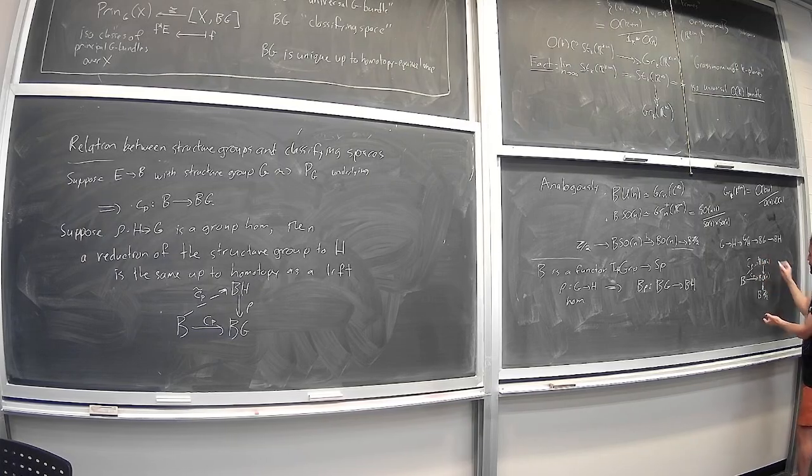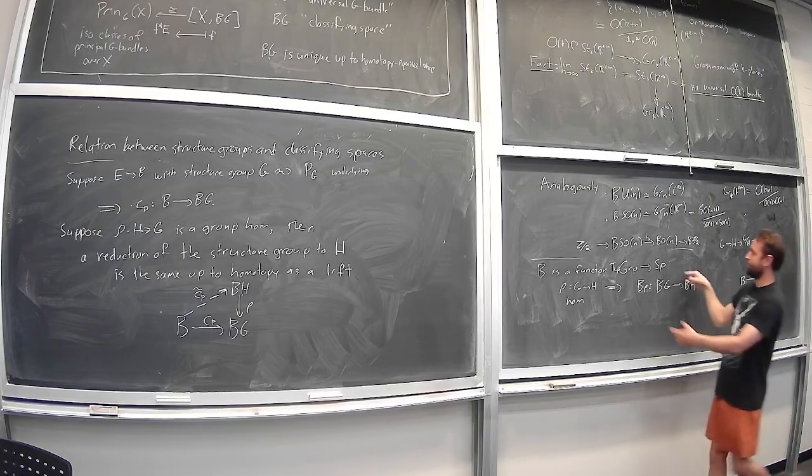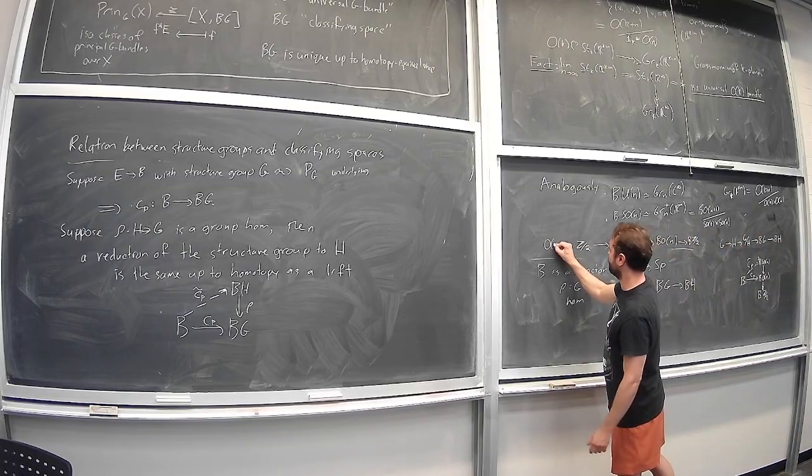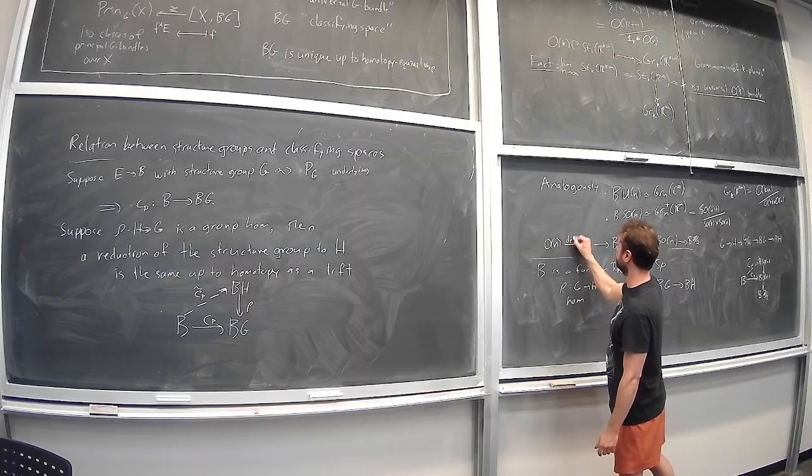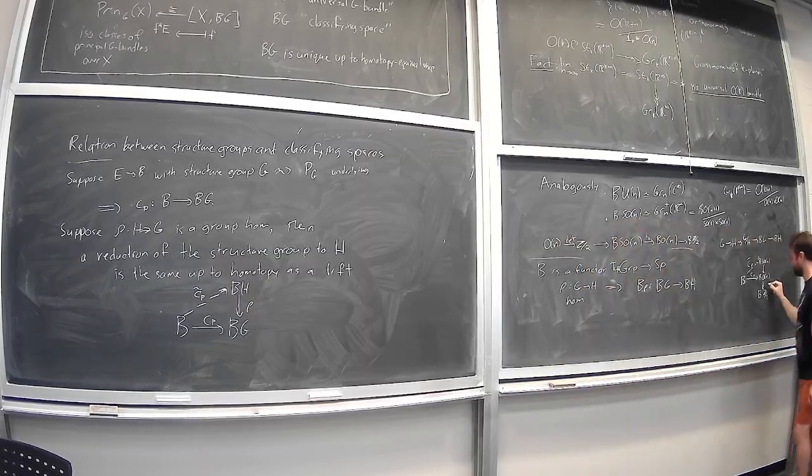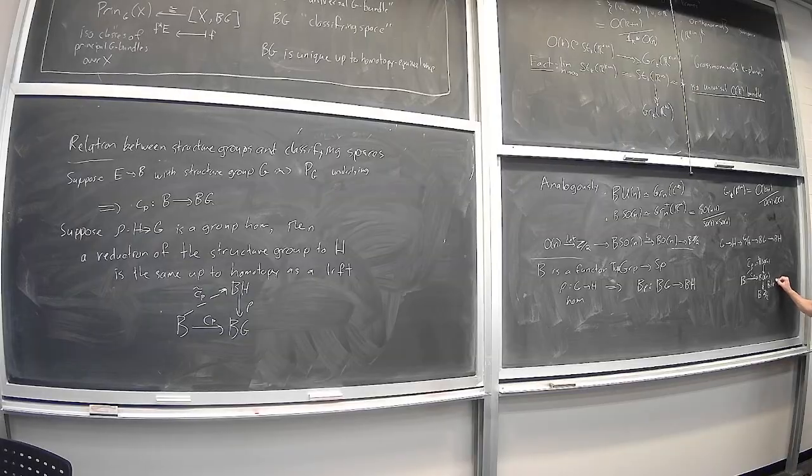Just saying this over and over again. Here's an interesting question: what is this map? If we head back here, this quotient map is actually the determinant, right? So this map is B of the determinant. This space we wrote somewhere that I erased, right? This is the classifying space for O(1). So these are line bundles.